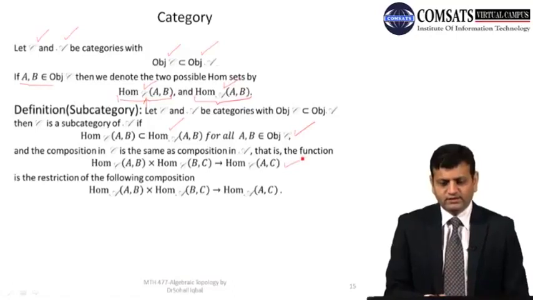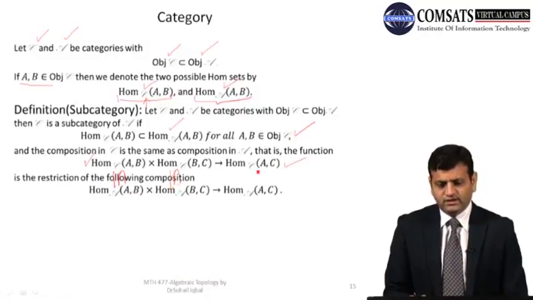Since we know that this set of morphisms from A to B in the category C is a subset of this set, and similarly this set is a subset of this set, and this set is a subset of this set, this composition is definitely a restriction of this composition.